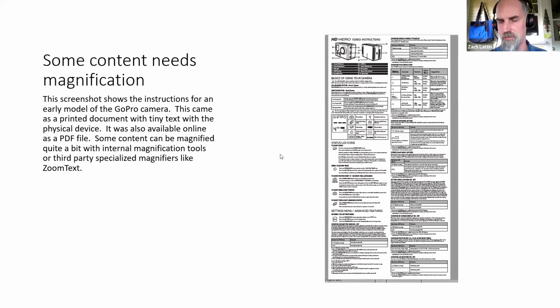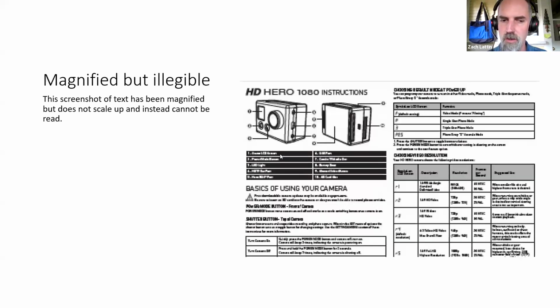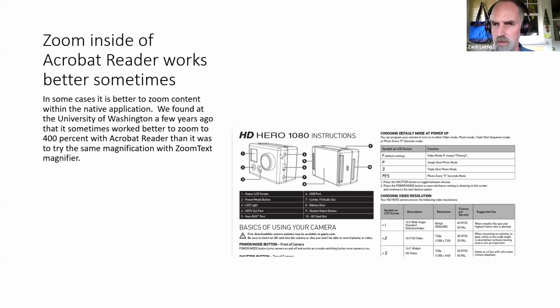Here's an example of some tiny text that if you took a picture of it would not work correctly under screen magnification. If you zoom in too far on a pixelated image, it's going to be pixelated and not work. If you have text on a computer, if you're a low vision user, you can sometimes use the Acrobat Reader zoom function, or other screen magnification software, and it works better.